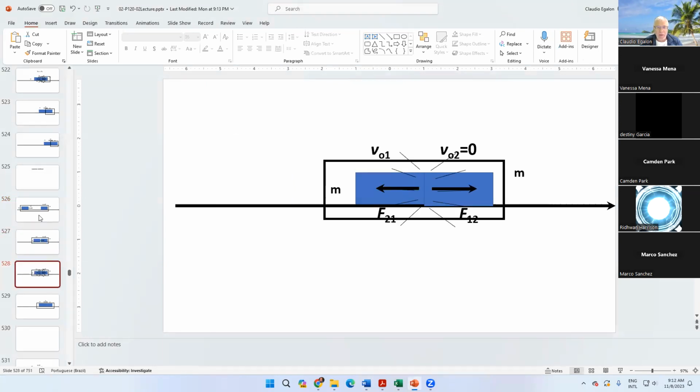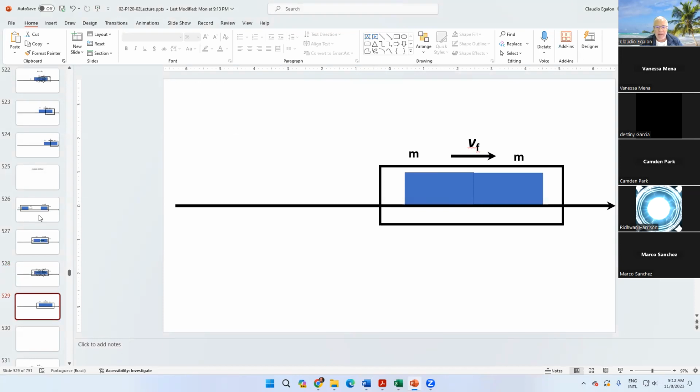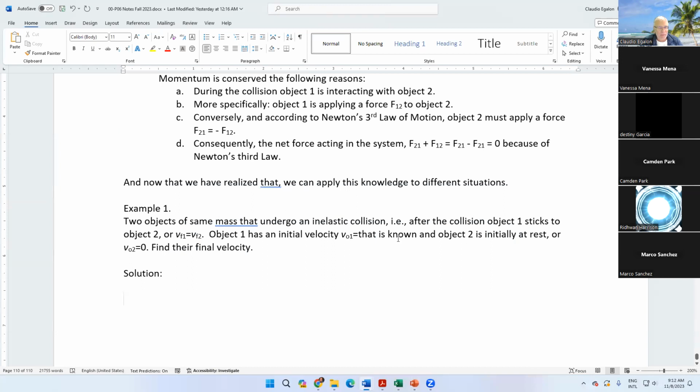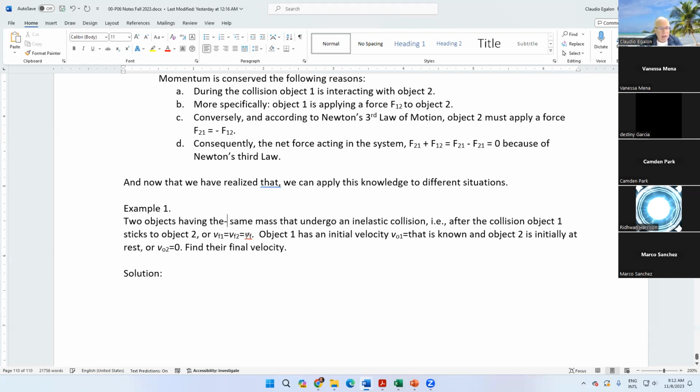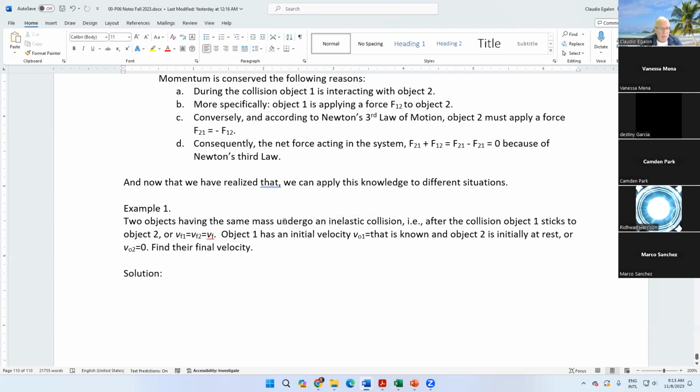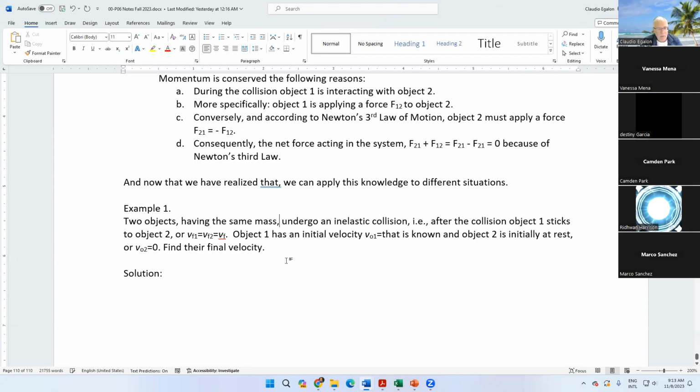We want to find out their final velocity. Two objects having the same mass.